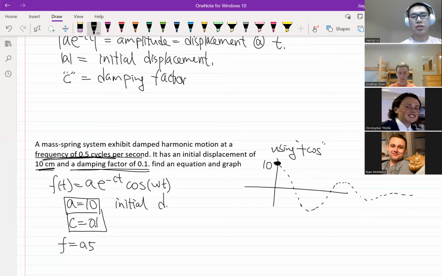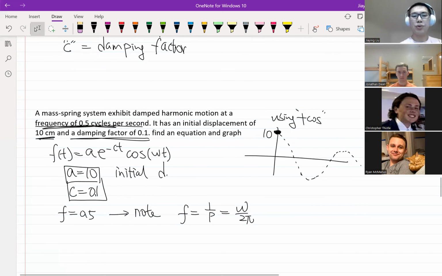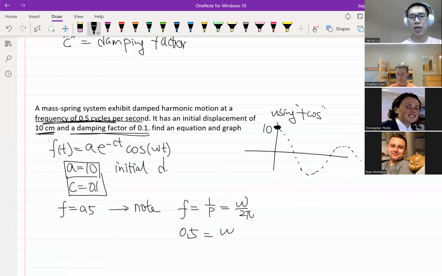And how do we use this to find the omega? Well, note that frequency is equal to 1 over p, or is equal to omega over 2 pi, because p is 2 pi over omega. So we can use this formula. Frequency equals 0.5, that's equal to omega divided by 2 pi. So we can solve for omega, which is 0.5 times 2 pi. And 0.5 times 2 is 1, so that's just equal to pi.